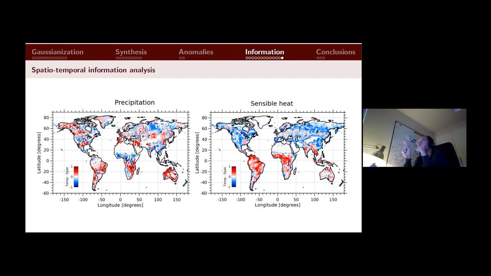Then the information values tend to be higher in tropical regions, whereas arid regions show low complexity, low information patterns. But looking at the precipitation on the left, spatial information dominates in desertic areas, like you can see here in Australia, the Iberian Peninsula, the Sahara, and Mexico, which are reasonably independent of time.